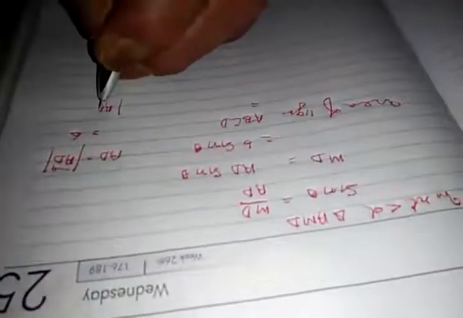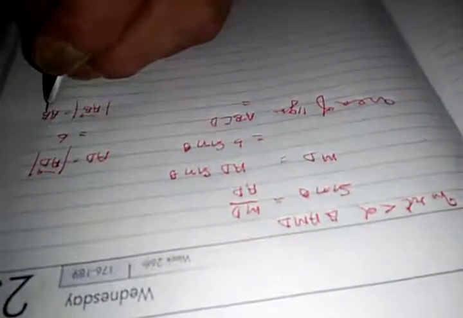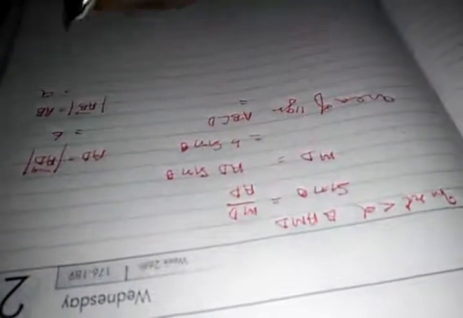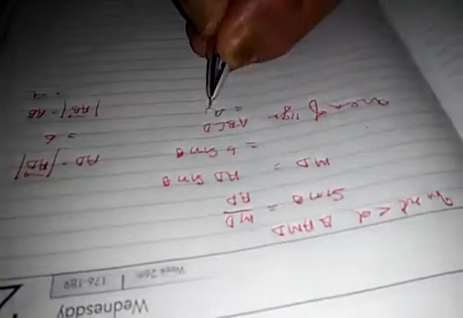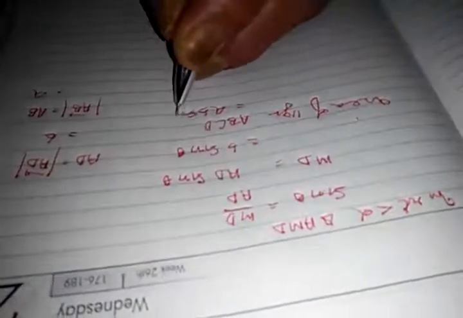So area of parallelogram ABCD is equal to AB, where AB is equal to vector A. So this thing is AB sin theta.